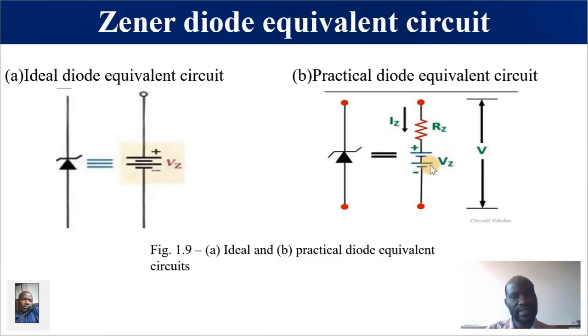Vz is maintained, and we are saying there is a voltage across this equivalent circuit. Please take note of our Zener diode symbol. So we are saying when this diode goes into breakdown, we have a voltage across it, and this is the polarity of the voltage across this Zener diode. Please take note. Don't say I didn't tell you.